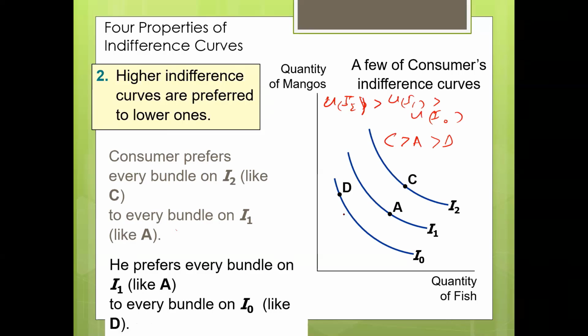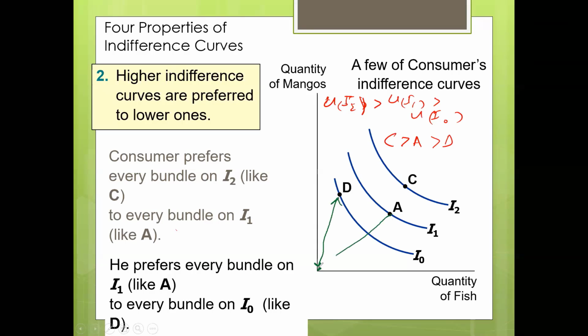So what is the logic? Because the distance from 0 to D is smaller, 0 to A is bigger, and 0 to C is biggest. Okay, so more distance, more happiness.